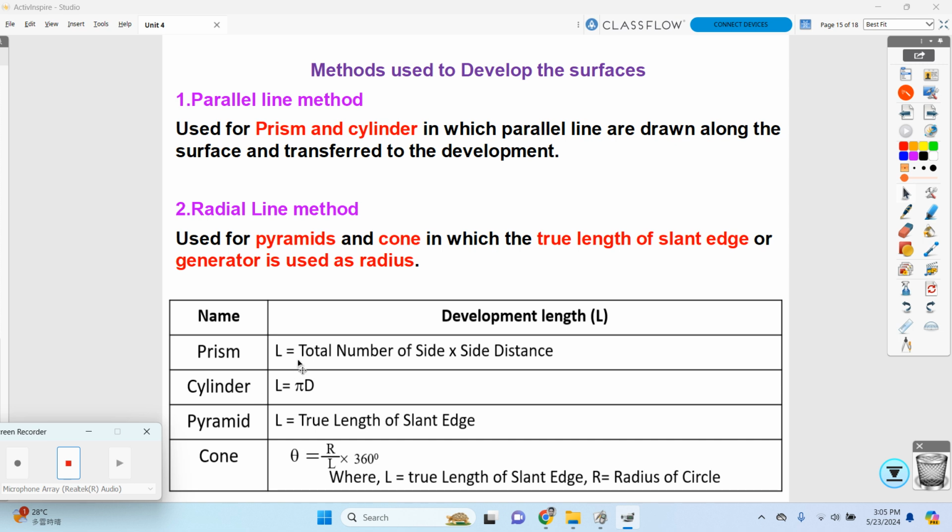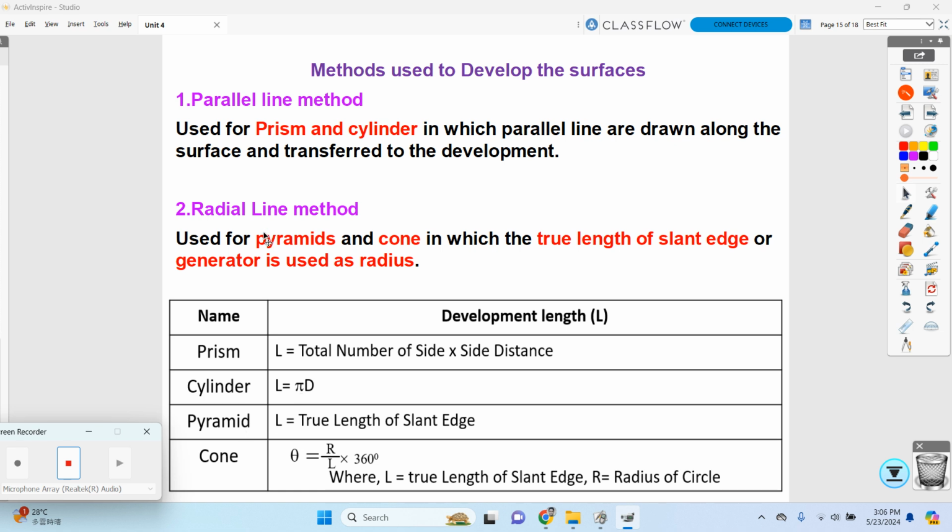The development length is considered to be L. L is equal to the total number of sides times the side distance. A pentagonal prism has 5 faces, and a hexagonal prism has 6 faces, so we consider how many sides, either 5 or 6, and the side distance. Similarly, in the case of a cylinder, L is equal to pi into d, where pi is 3.14 and d is the diameter.